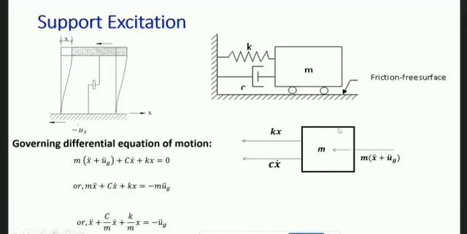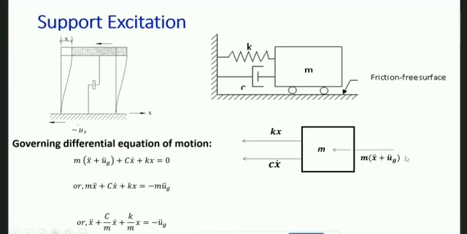If we draw the free body diagram, with the positive movement in this direction, the right hand side, then the restoring force, that means if the spring is extended, it will try to pull back the mass m, and the damper will also exert an opposing force against the movement.